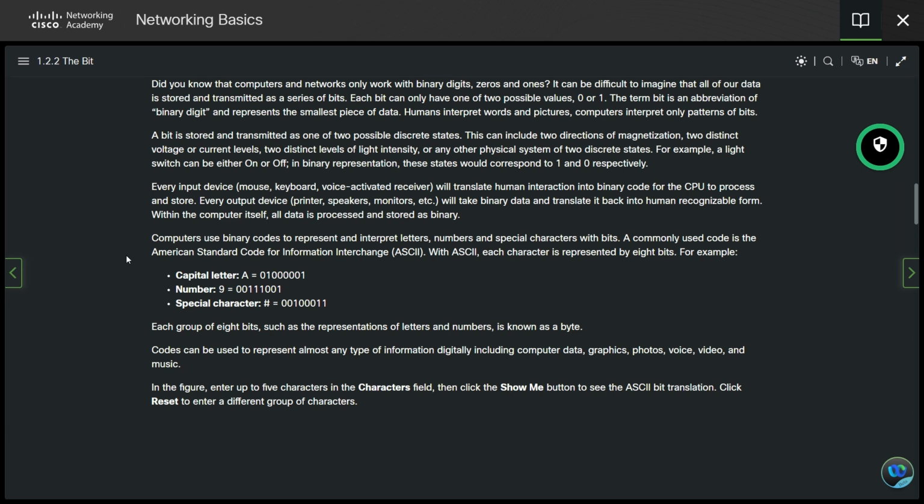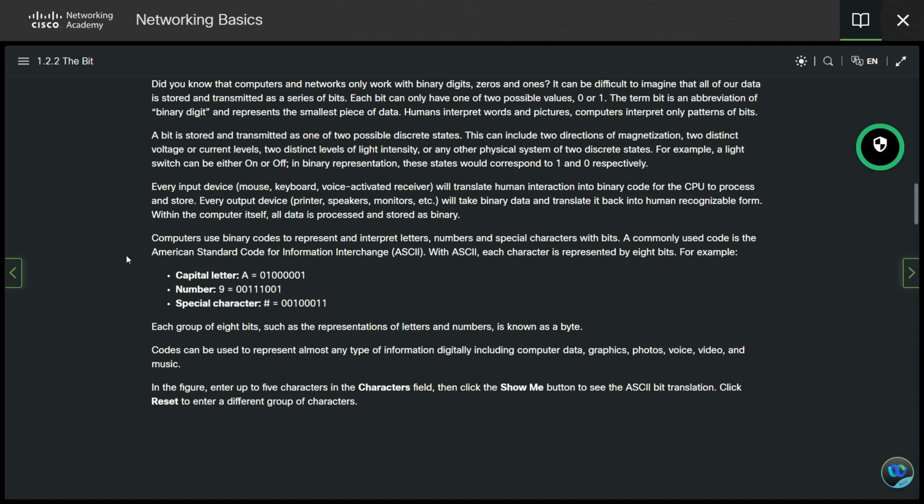For example, capital letter A equals 01000001. The number 9 equals 00111001, and a special character hash equals 00100011. Each group of 8 bits, such as the representation of letters and numbers, is known as a byte.